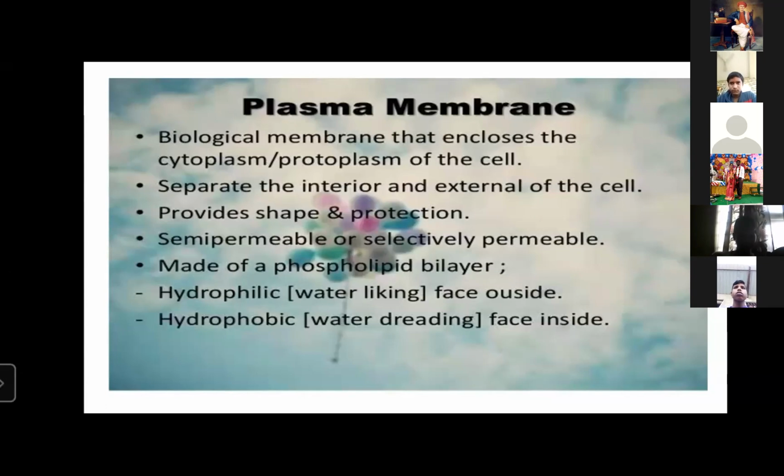For doing these activities, we have to prepare different types of solution. First, to prepare a sugar solution, we need sugar and water.